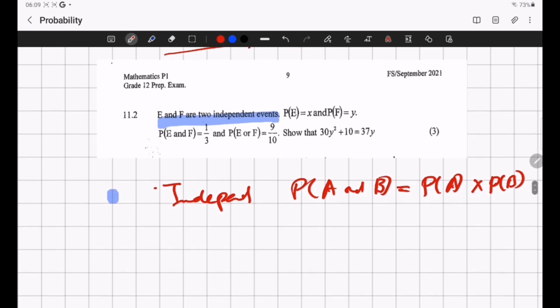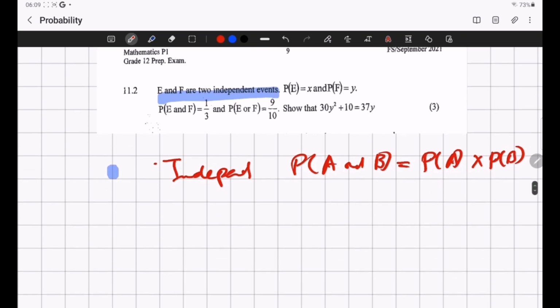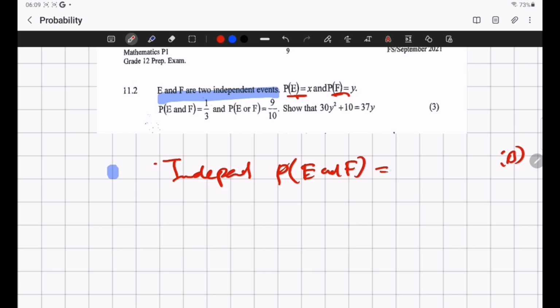Don't confuse those two conditions. So then I say probability of E is Y and F is that one. Set probability of E and F equals probability of E times probability of F.